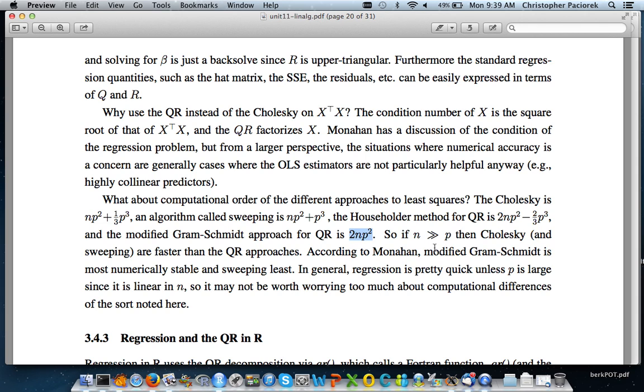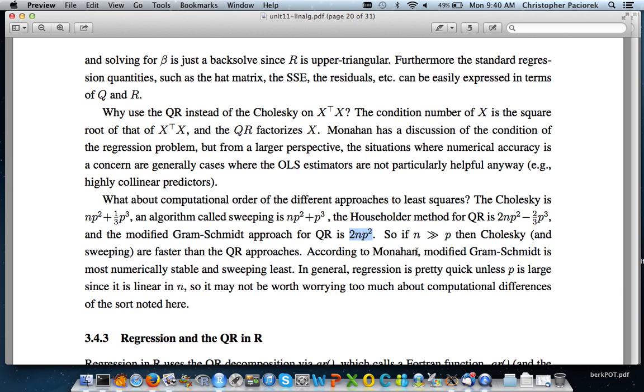But they've got different constants in front of them, and in some cases we're subtracting off the p cubed, and in some cases we're adding on some constant times the p cubed. So depending on the balance between how big n is relative to how big p is, you might choose which of these approaches you use, because things trade off differently depending on how big those are.